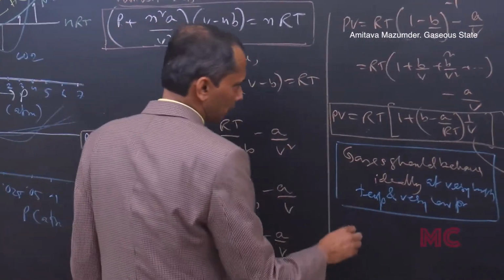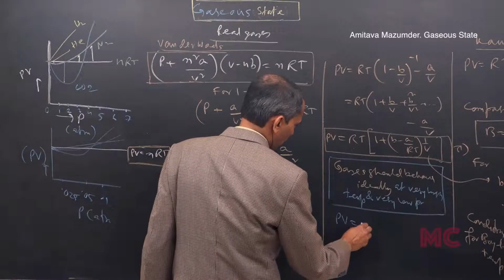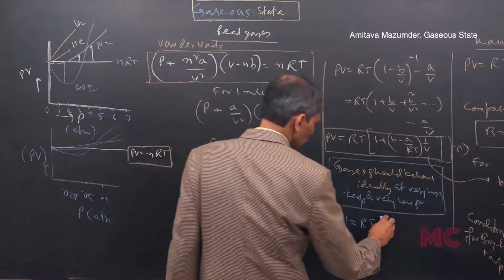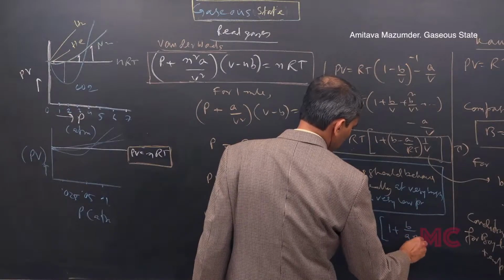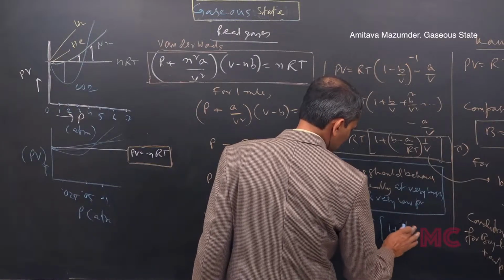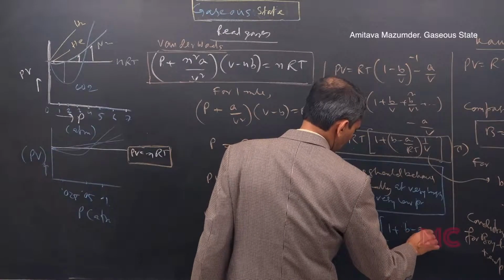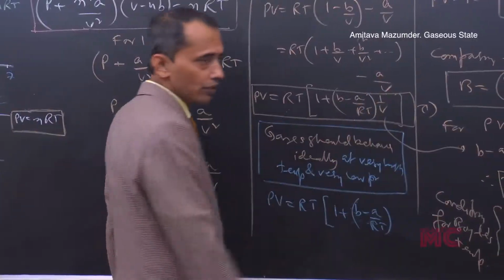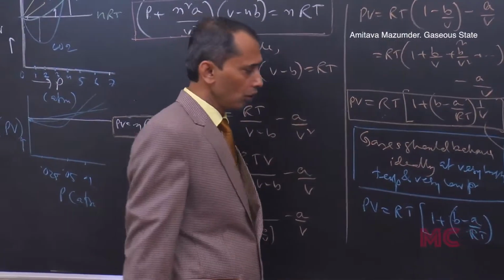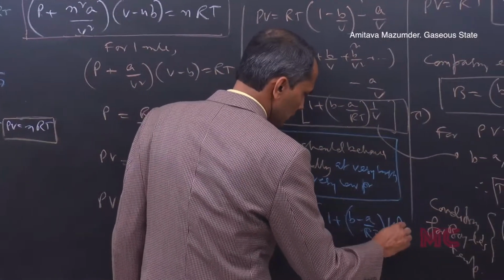For example, PV = RT(1 + (b − a/RT)(1/V)). We know pressure is inversely proportional to volume, so we can write K into P.